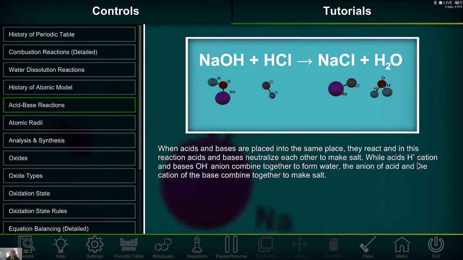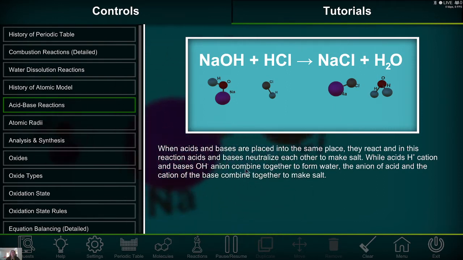While acids, H plus cation, and bases, OH minus anion, combine together to form water, the anion of the acid and the cation of the base combine together to make salt.